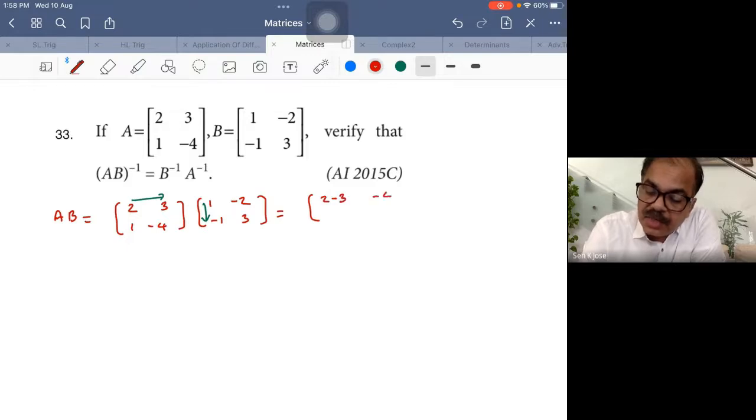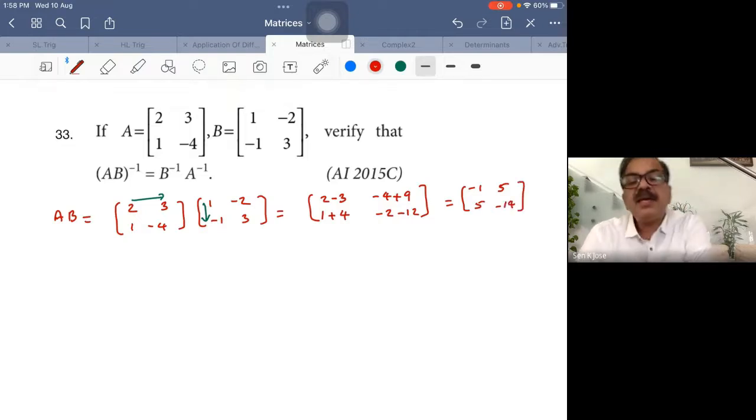The next one is minus 4 plus 9. Second row: 1 into 1 is 1, minus 4 into minus 1 is plus 4. Then I have minus 2 and minus 12. So that's going to be minus 1, 5, 5, and minus 14. That's my AB.